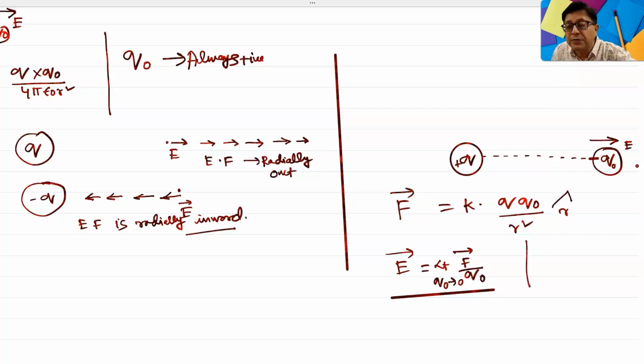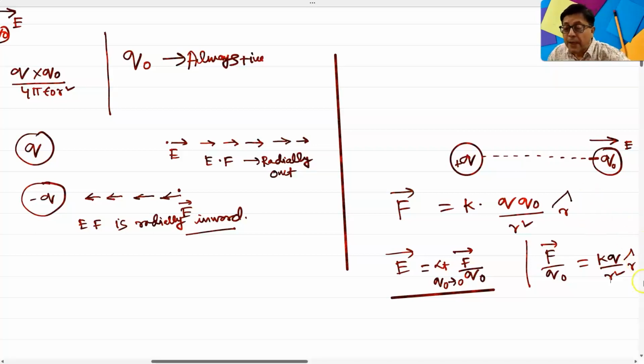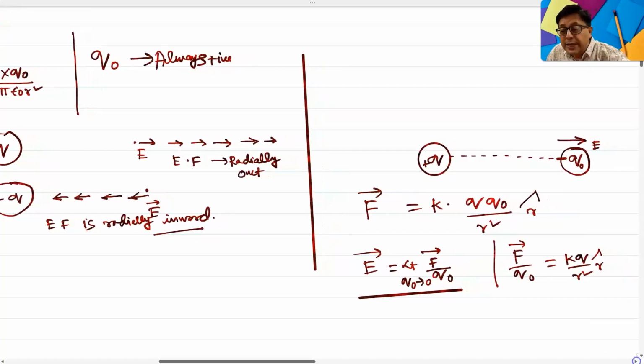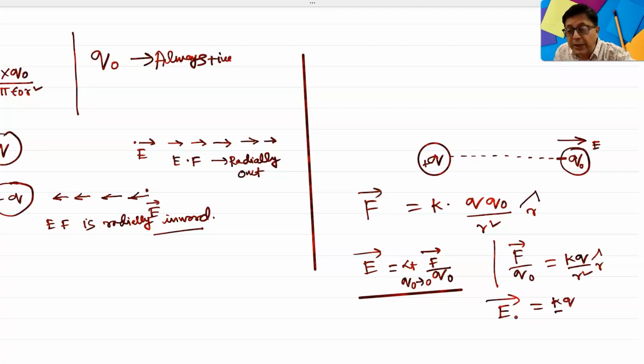F by Q0 is what from this calculation? If you just divide both sides by Q0, F by Q0 is going to be KQ by R square into R cap. Okay? And this field is radially outward. Same, E, if you write E, that E is radially outward. KQ by R square, R cap.